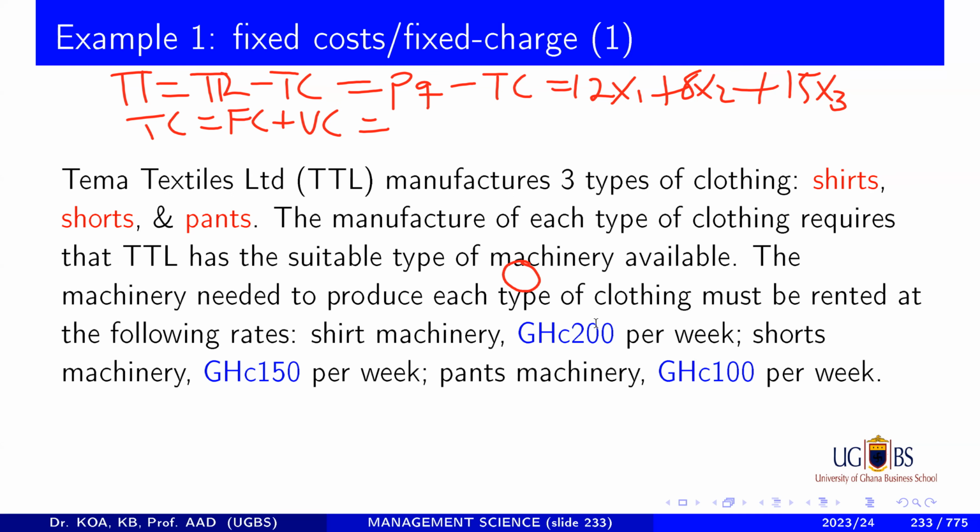So you will not only write 200, because if you write the 200, you are not taking into consideration whether that particular machinery was rented. Remember, the 200 is the expected cost. Once again, it's expected cost.